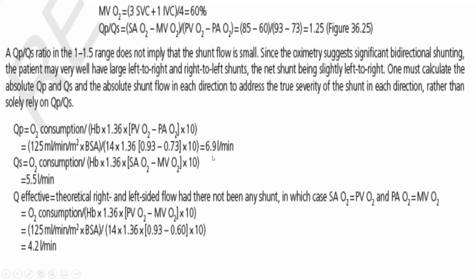Here 6.9 divided by 4.2 comes up as, I think, 1.7 or so. So that is significant, a significant left to right shunt. Then you calculate QS to Q effective. That's a right to left shunt, about 1.3, not as significant, but the left to right shunt is definitely significant.